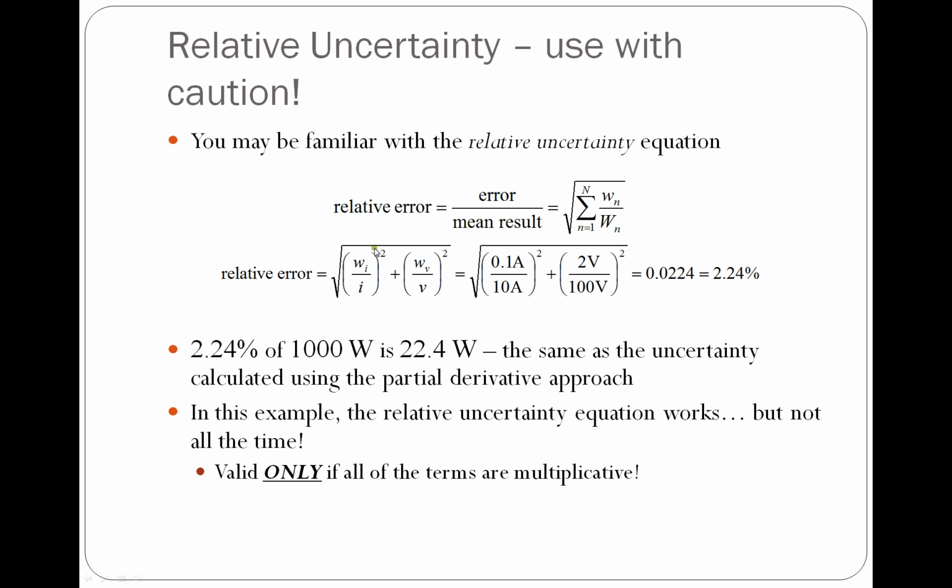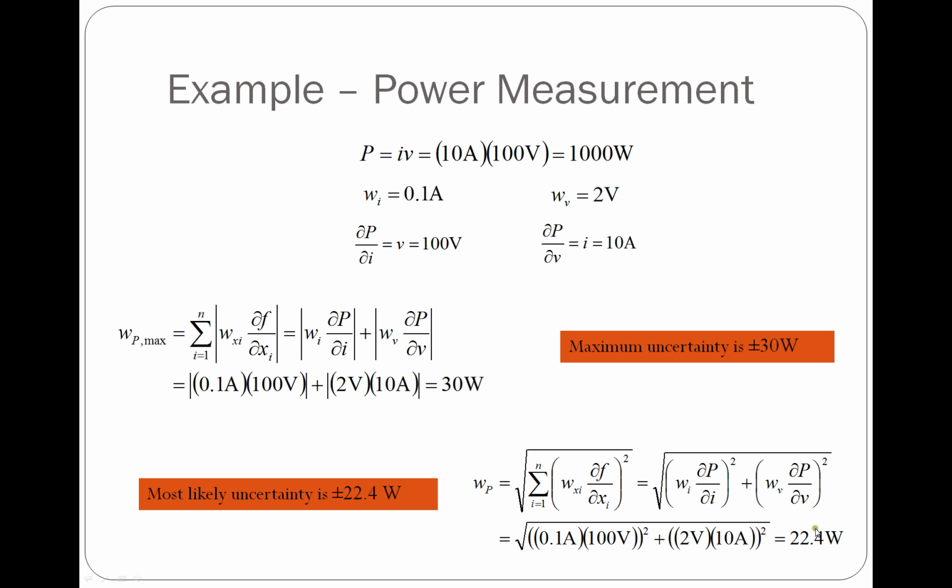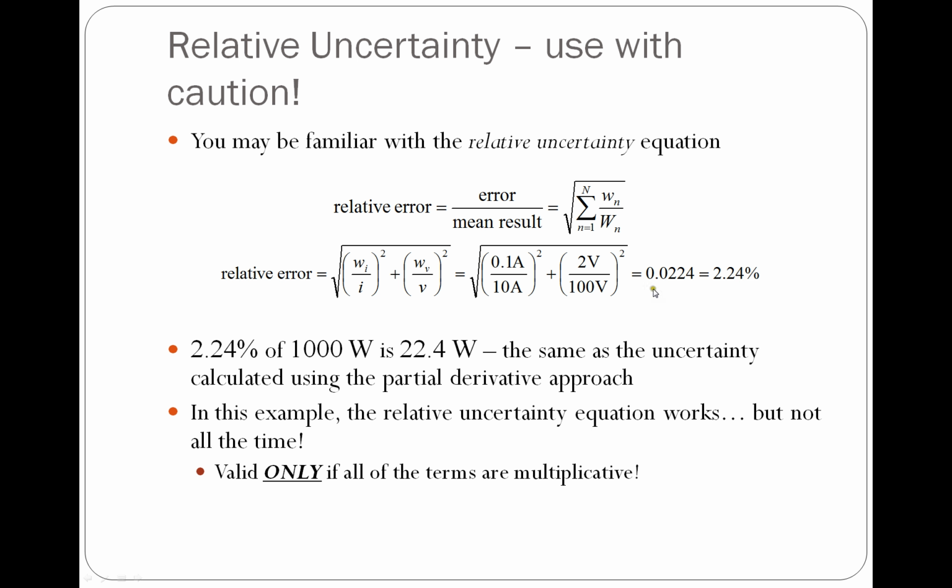What we find if we do this method is that we get a relative uncertainty of 2.24%. Well, 2.24% of 1,000 watts is 22.4 watts, which is the same uncertainty that we calculated using the partial derivative approach in the previous slide. Using this much easier relative uncertainty equation, we come up with the same result.